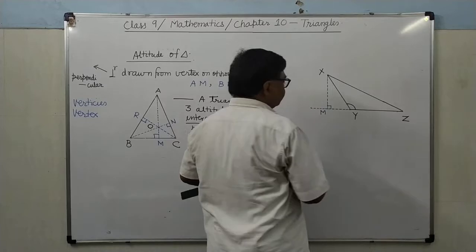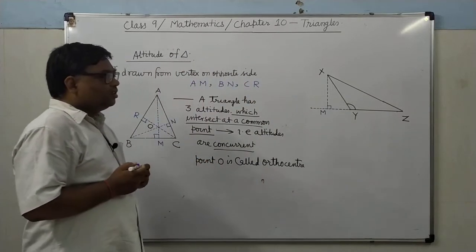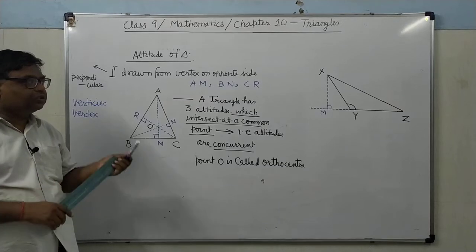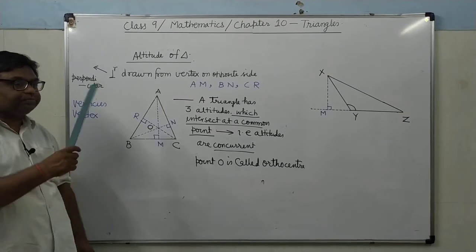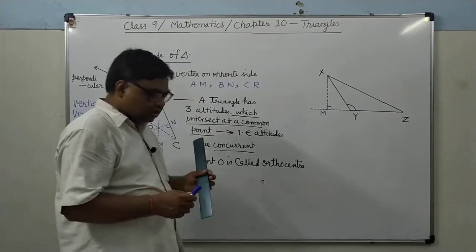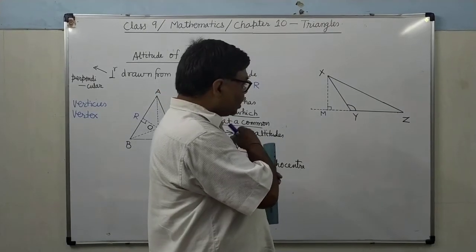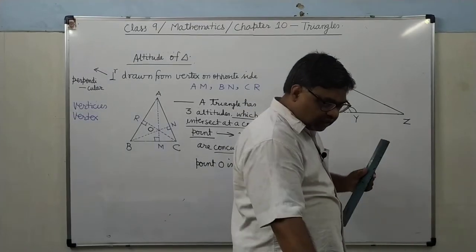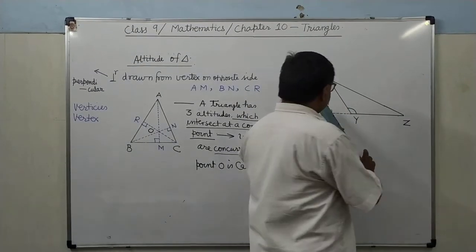So this is one altitude. Then you draw the perpendicular from z on the opposite side. What is the opposite side with respect to z? It is xy. You produce xy, and here it will fall outside.